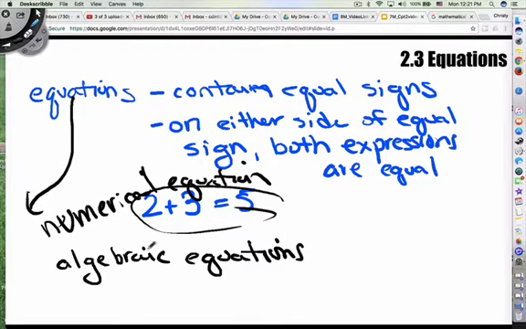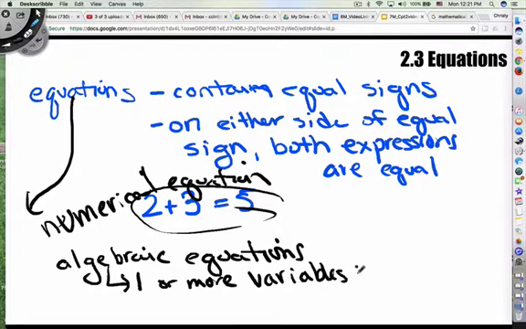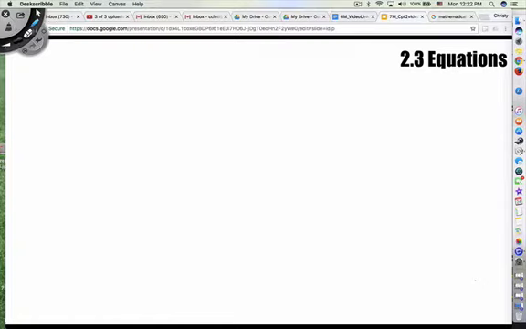This has one or more variables and one or more operations. You are going to be looking at sentences and turning them into either a numerical equation or an algebraic equation today.